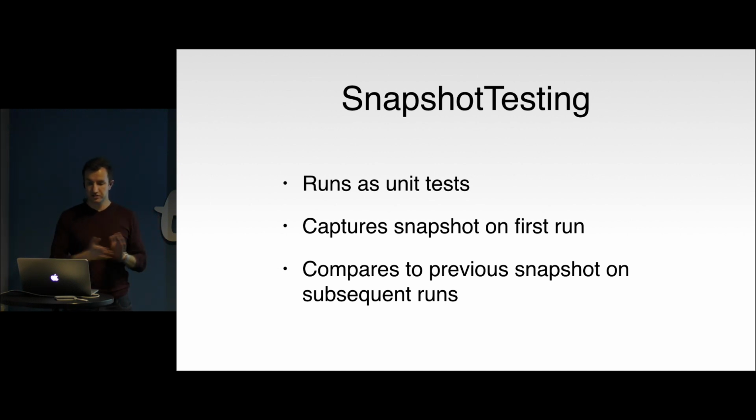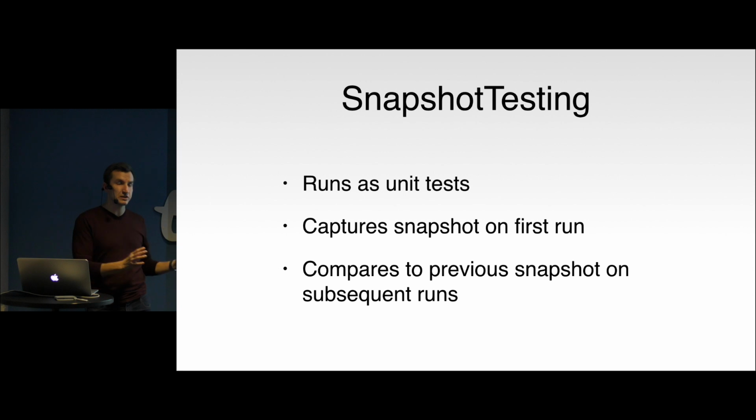So, okay, snapshot testing, the basics. Snapshot tests run as unit tests. You don't have to run them as UI tests, which is great because unit tests are much easier to run and they go much faster, right? And you are in much more control over the code. So it works like this. First run, it captures a snapshot. A snapshot can be anything, and I'm going to get to that in just a second.